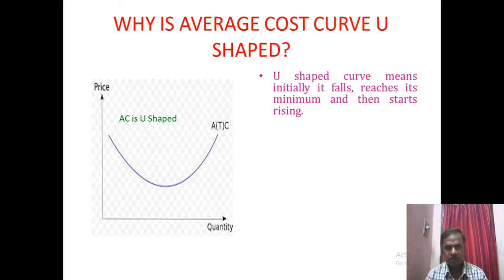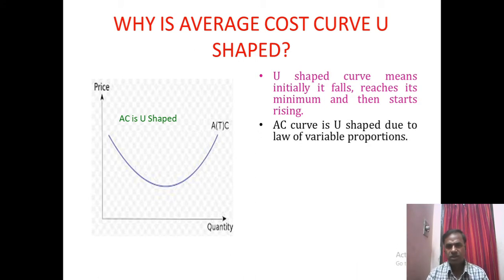Any curve, if it is U-shaped, there will be three phases. First it falls, then it reaches minimum, then it increases. So any U-shaped curve, first it will fall and reach its minimum, then it increases. Likewise, AC also first decreases, falls, then reaches its minimum, then AC rises.